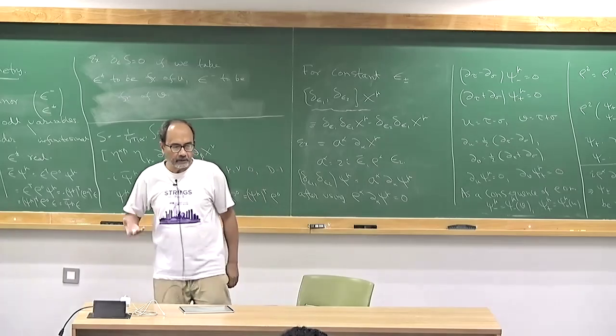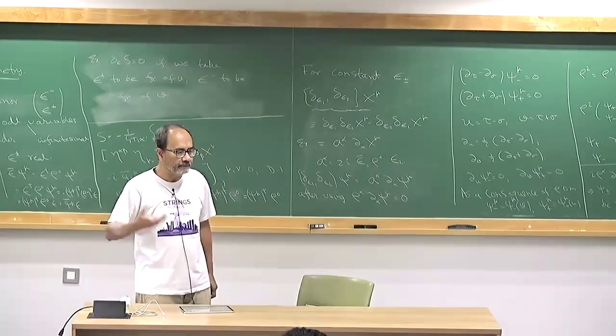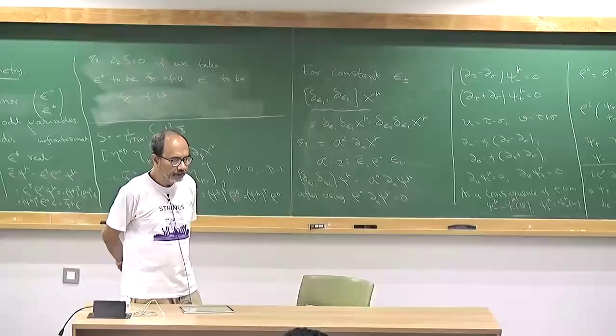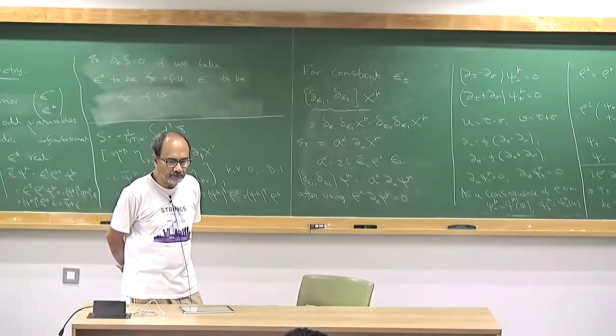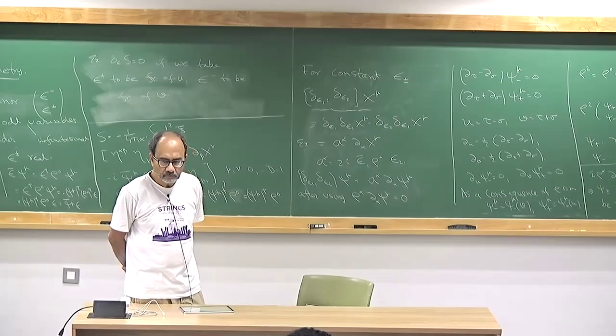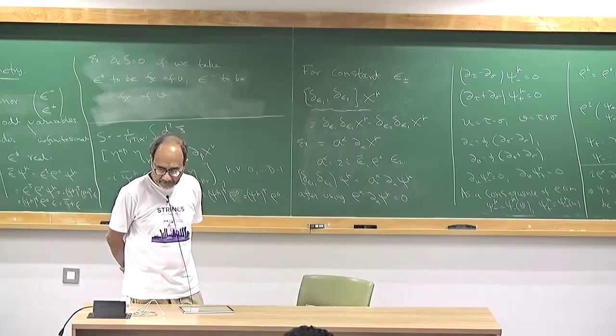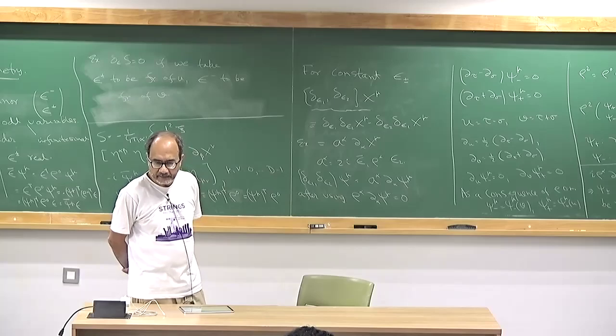In particular, A^u will depend on the u coordinate and A^v will depend on the v coordinate, because u will get translated by a function of u and v by a function of v. U and v are worldsheet coordinates.